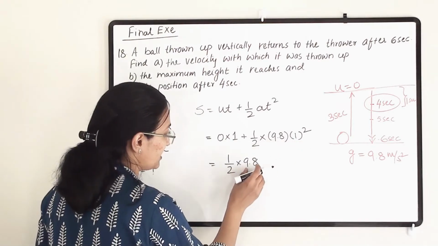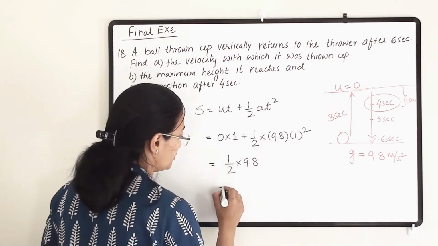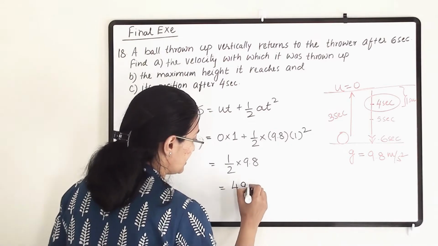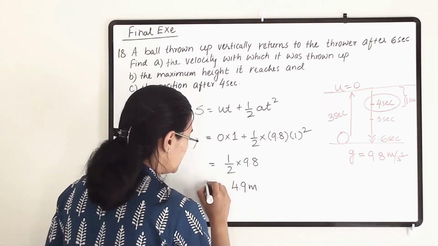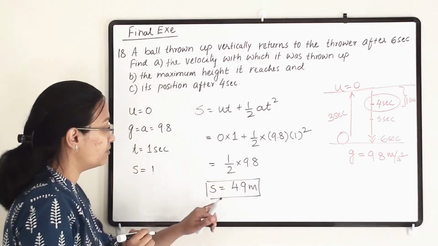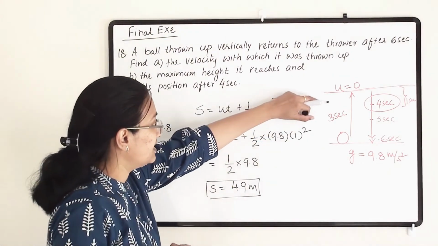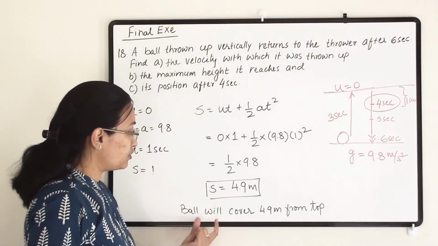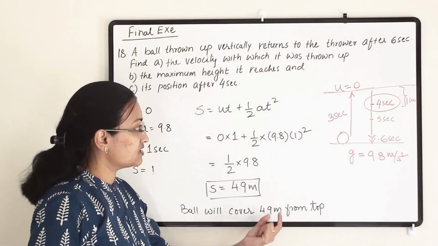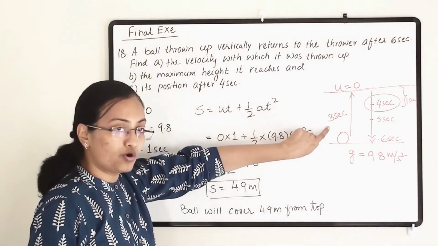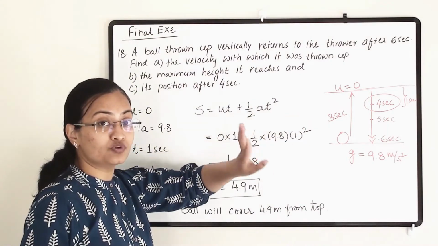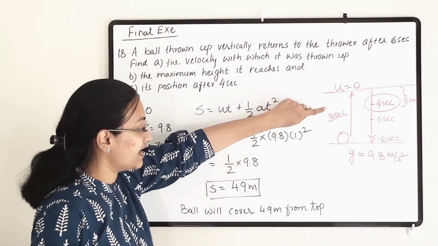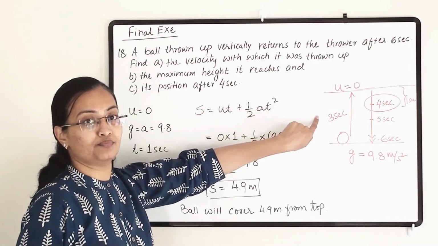So 9.8 divided by 2 gives us 4.9 meter. So this much distance the ball will cover in 1 second, 4.9 meter. So we can write as the answer that the ball will cover 4.9 meter distance from the top. Or we can write that at the 4th second, the ball will be at 4.9 meter from the top.